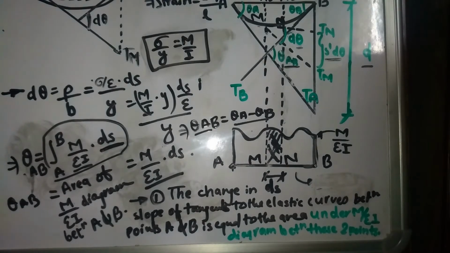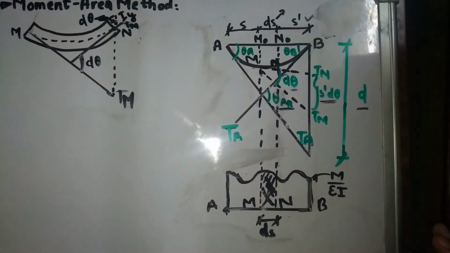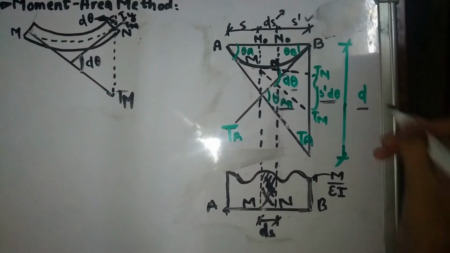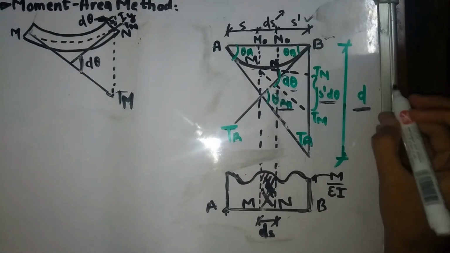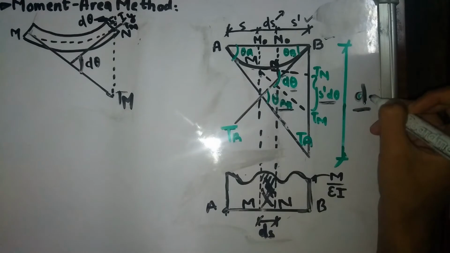Next we're going to explain our second theorem related to the moment area method. Before explaining the second theorem, we need to know about this point D. Let me explain more clearly what D represents.